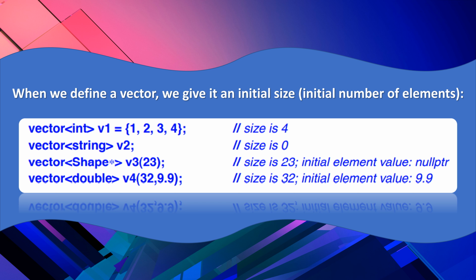When we define a vector, we give it an initial size, an initial number of elements. vector<int> v1 = {1, 2, 3, 4}; // size is 4. vector<string> v2; // size is 0. vector<Shape*> v3(23); // size is 23; initial element value: nullptr. vector<double> v4(32, 9.9); // size is 32; initial element value: 9.9.